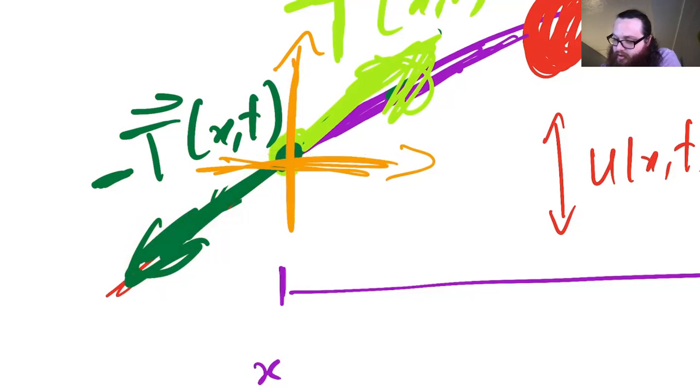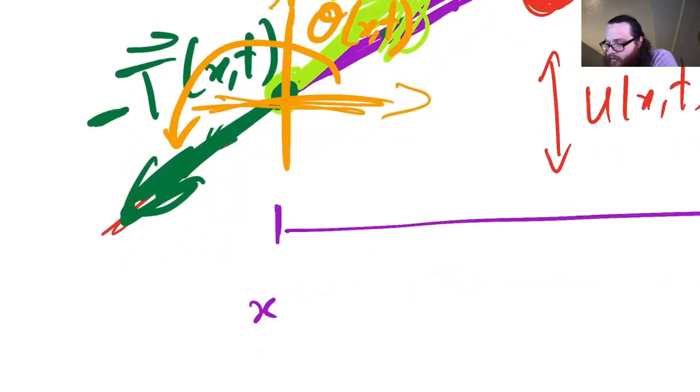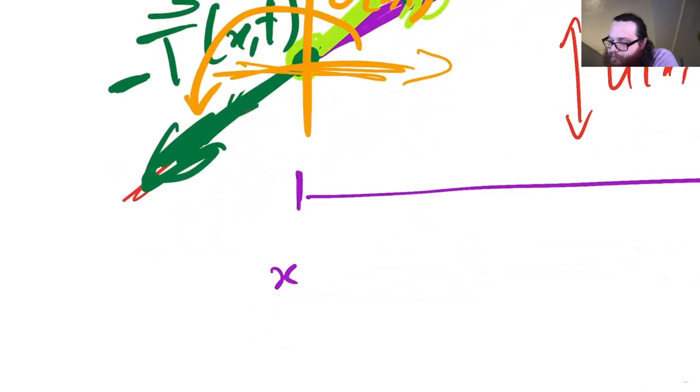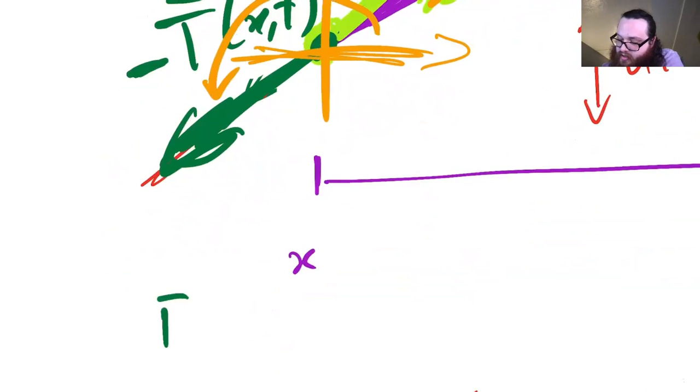Well, the angle is going to be theta degrees. And of course, this depends on space and time. So this angle theta is the angle this tension vector makes. The vertical component then is going to be minus T of x, t.